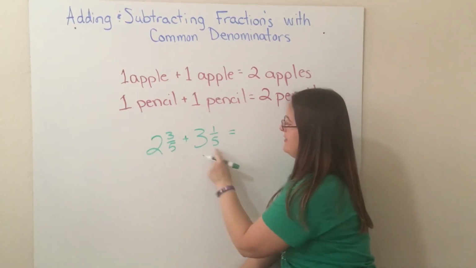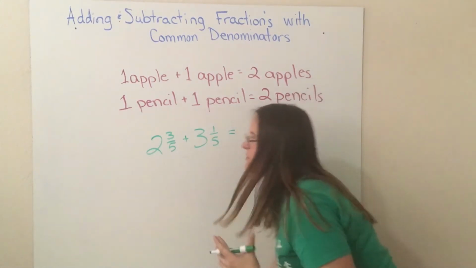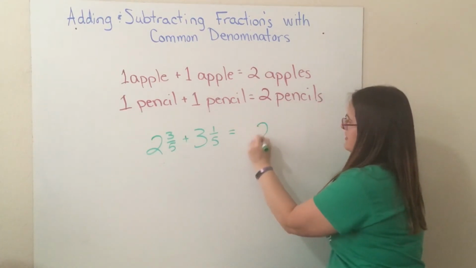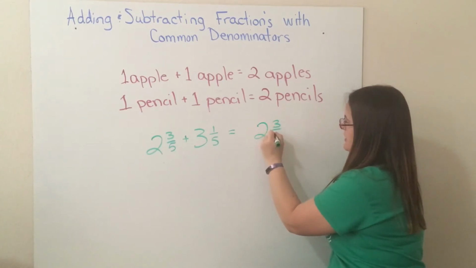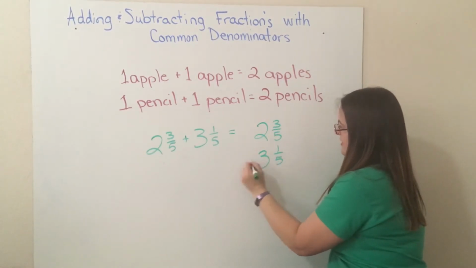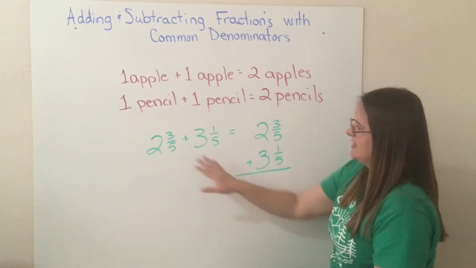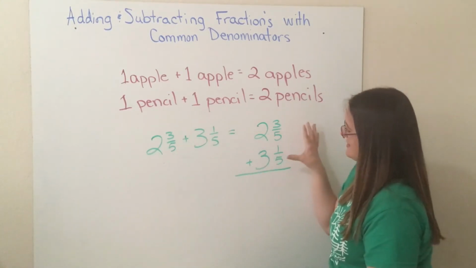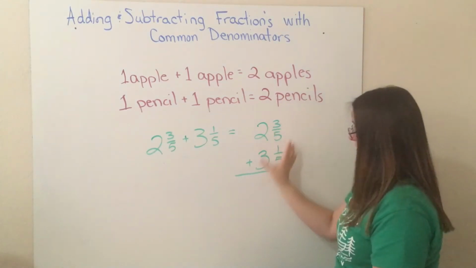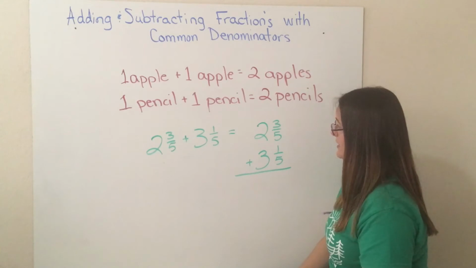Here, we're going to add the fractions. You might want to rewrite it. It's up to you how you choose to solve it, but you could write it as 2 3/5 like this, plus 3 1/5 like this. With fractions, to me, this is not as necessary, but if this helps you out, absolutely rewrite it vertically, okay?